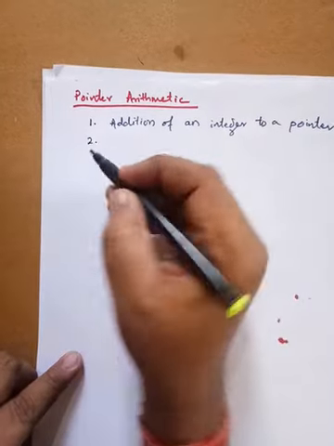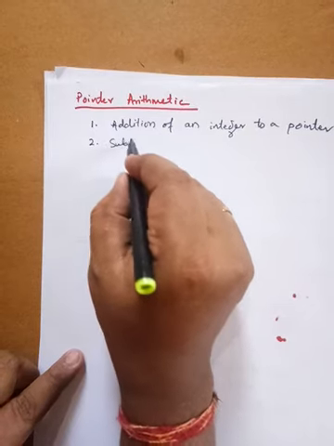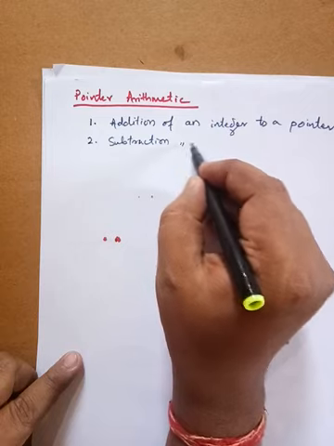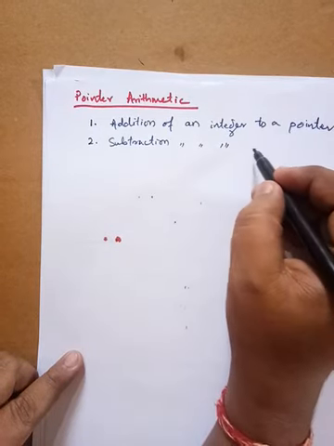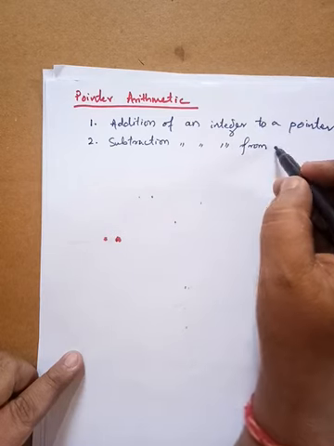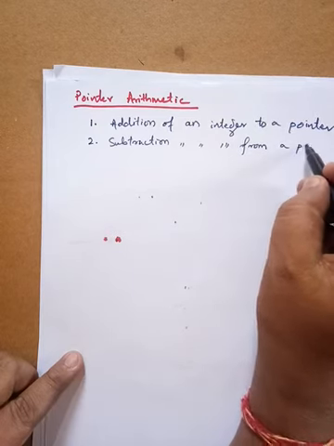The second one is subtraction of an integer from a pointer.